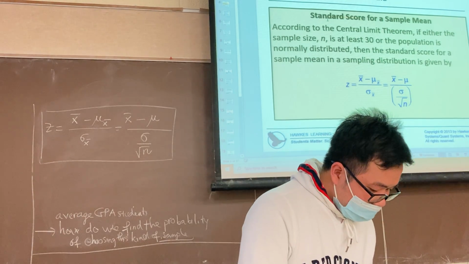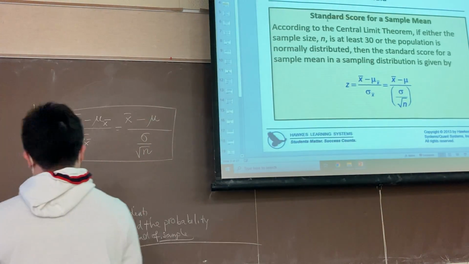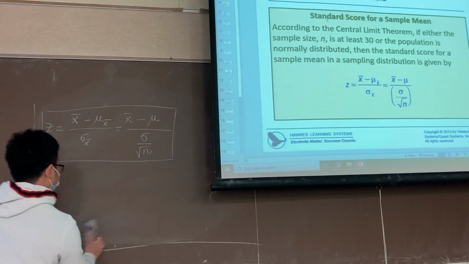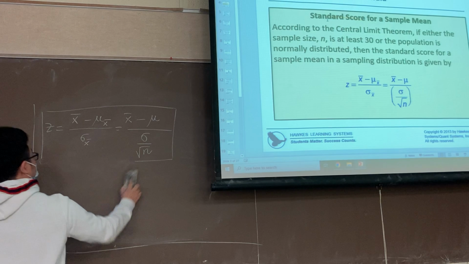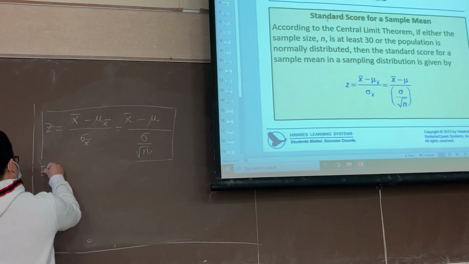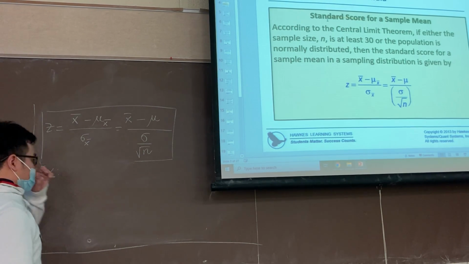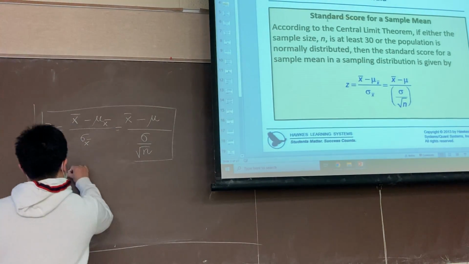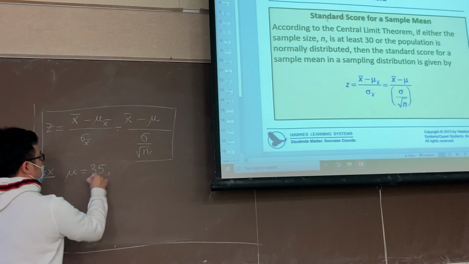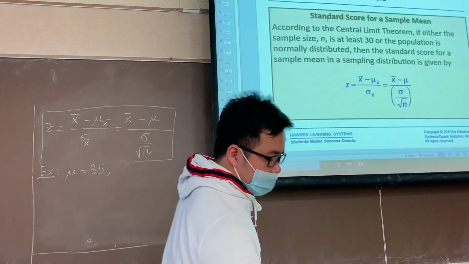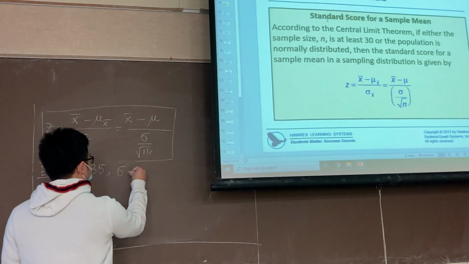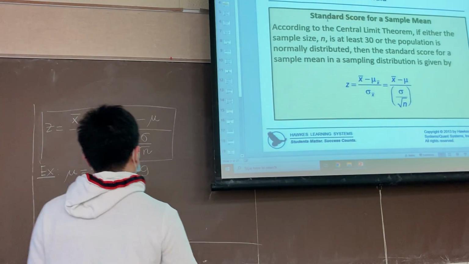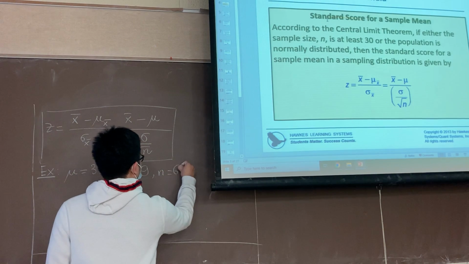Example: the mu of the population is 35, the standard deviation of the population is 9, and n here is 64.